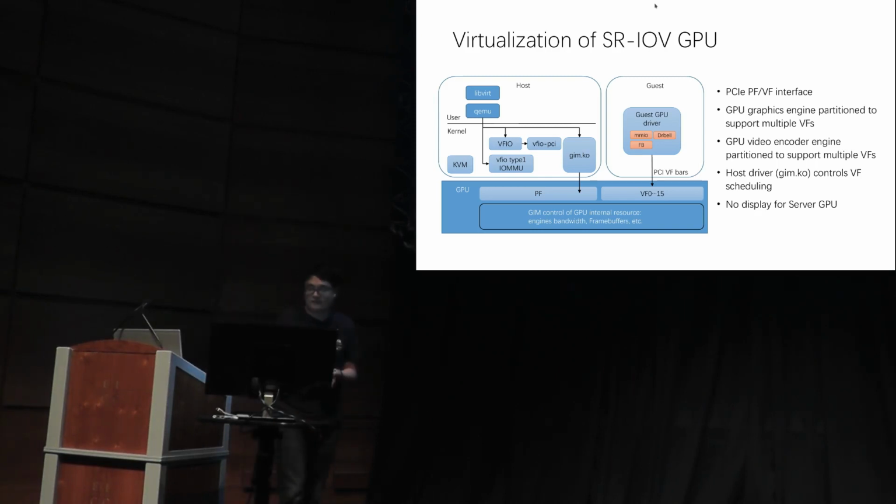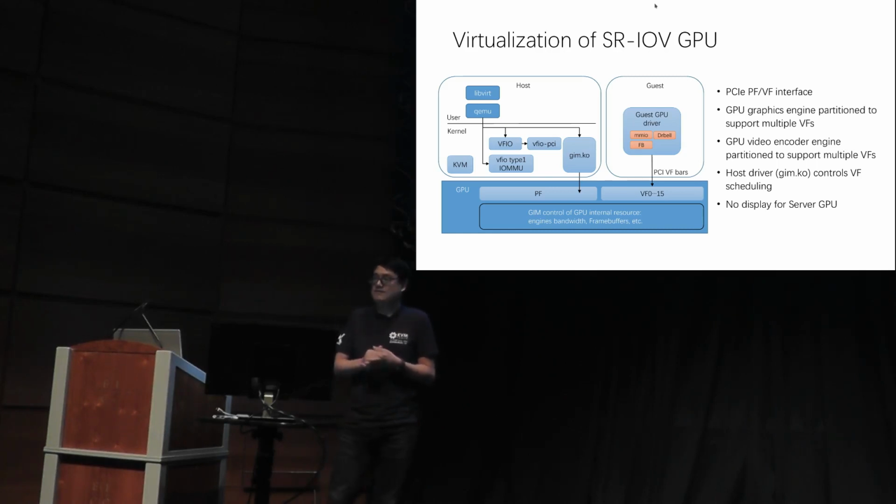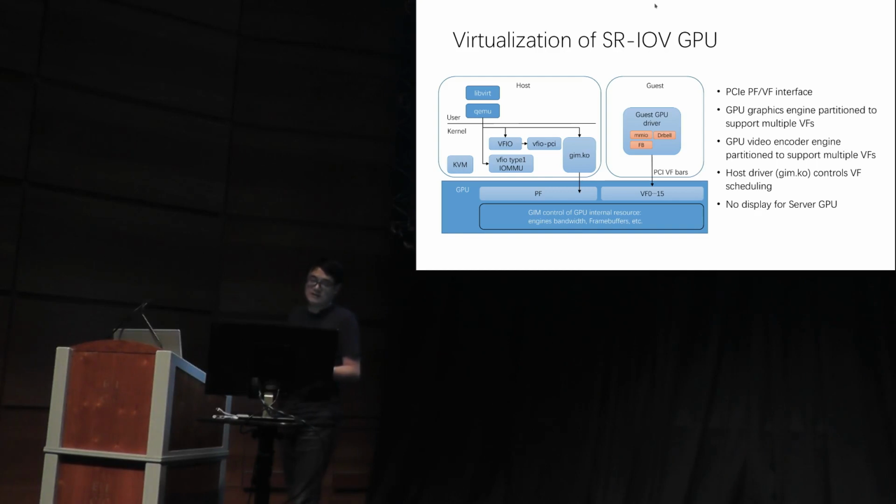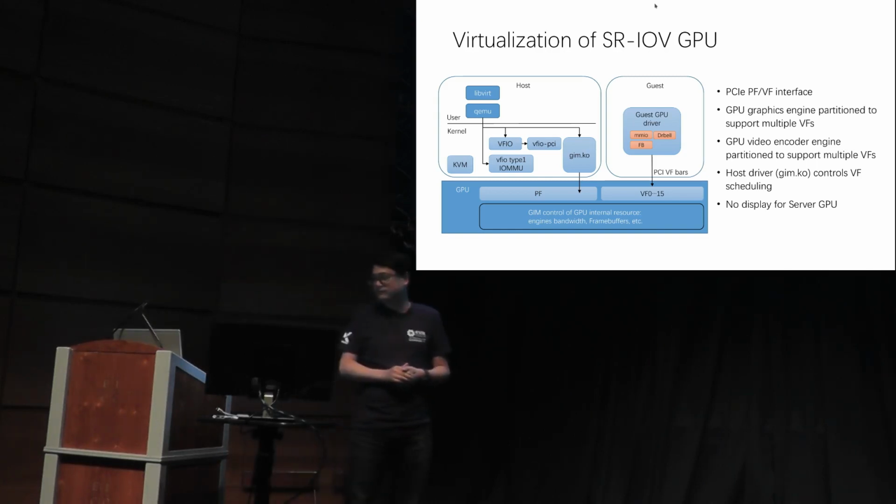So you will see SR-IOV GPUs. It's the same thing as the MDEV framework. It also has partitioned resources, and it also has time-slice scheduling between each VF. From the guest point of view, it will be assigned one of the VFs.